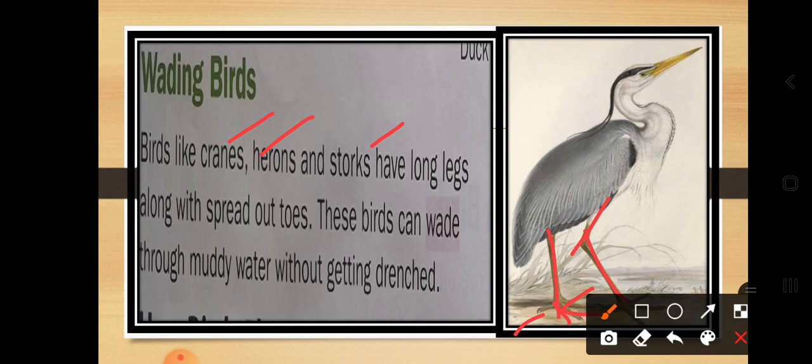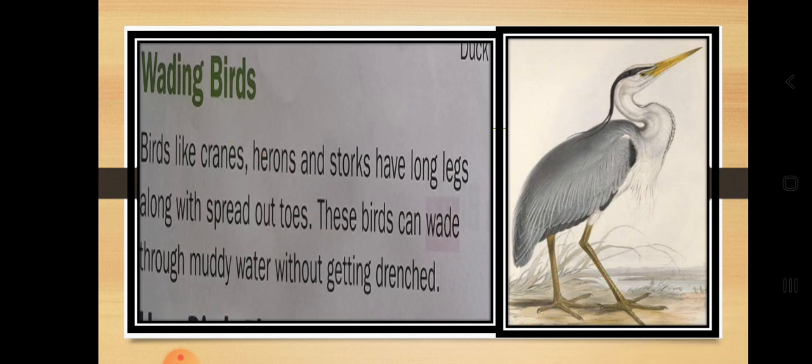They have an open type of structure. So these birds can wade through muddy water without getting drenched. Drenched means they do not stick to the mud.